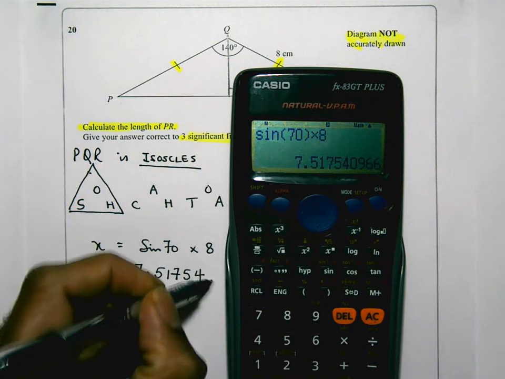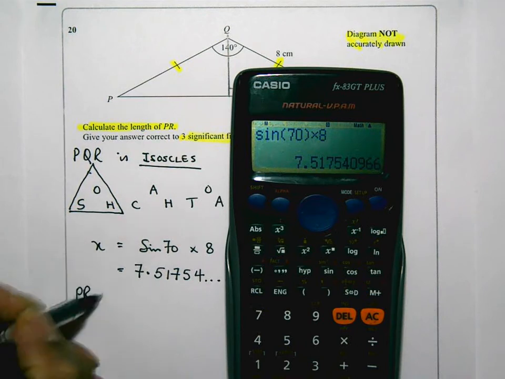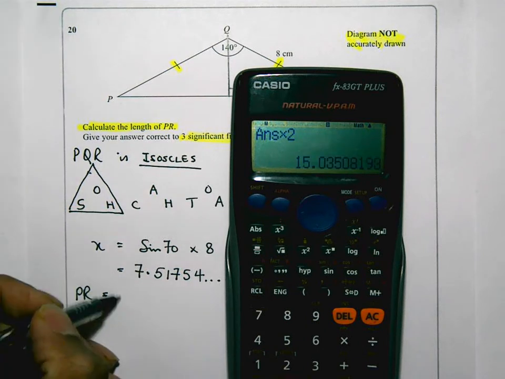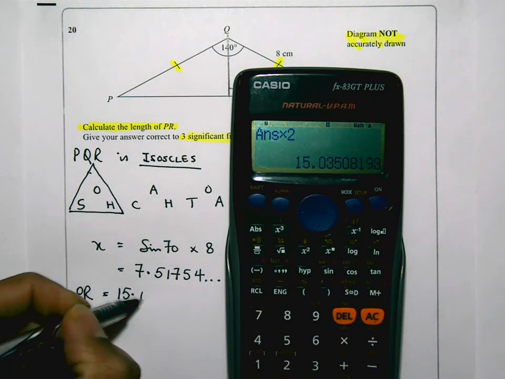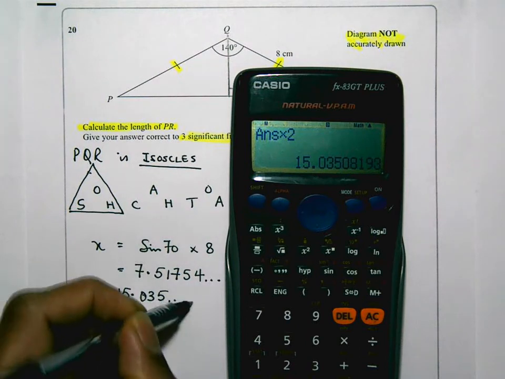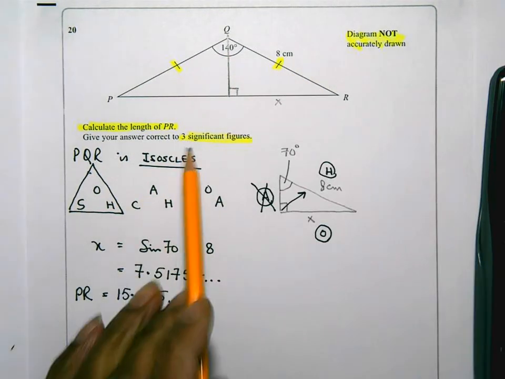But P to R is going to be 2 times this. So I'm going to times that by 2. It's going to be double that. So that's 15.035 and so on. And if we go back to the question itself, it says, give your answer correct to 3 significant figures.